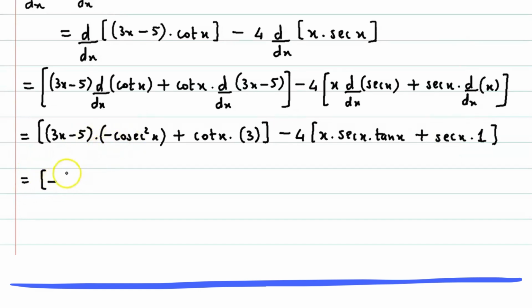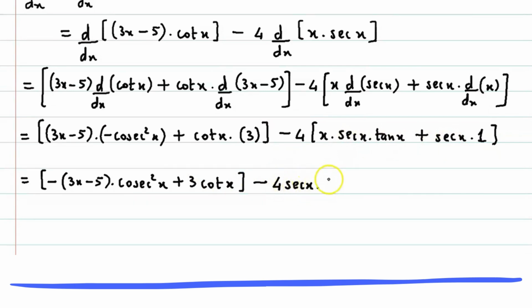So we have minus 3x minus 5 into cosec square x, again rearranging these two terms, plus 3 times cot x minus, now here we could take sec x as the common factor, so we have 4 times sec x into, within brackets we have x into tan x plus 1. So this is the value for dy by dx.